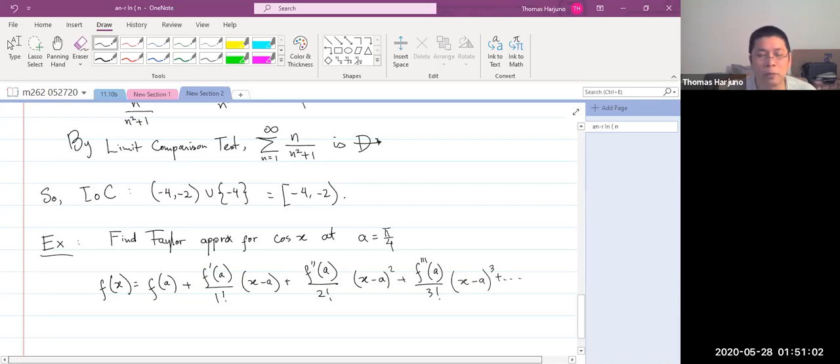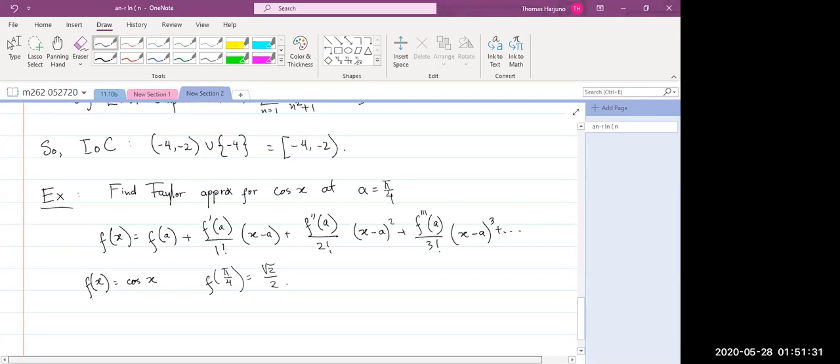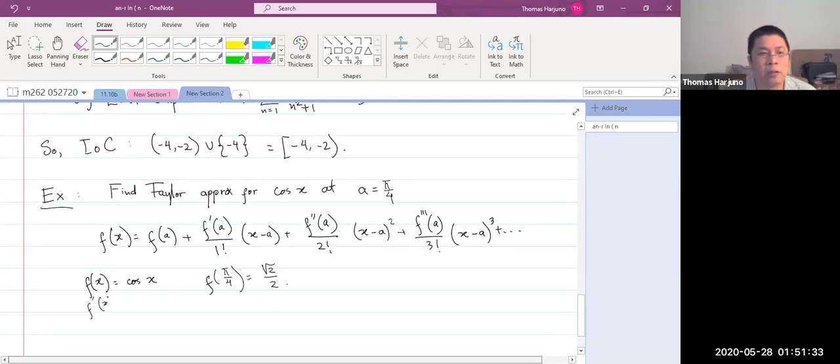Okay, let me see what the question is again. The first 6 terms. Oh shoot, somebody made me work hard. So I need to do 6 derivatives. Okay, f(x) equals cosine x. So what is f(pi over 4)? Radical 2 over 2, cosine pi over 4, right? So f prime x is negative sine x.